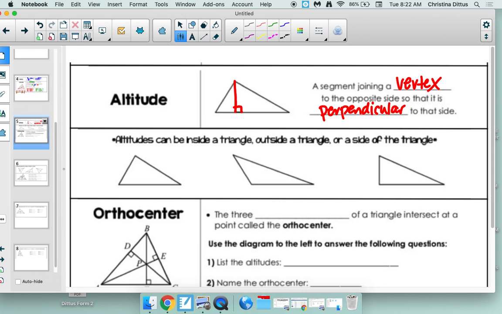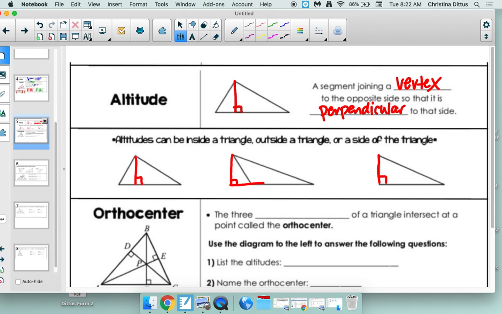The weird thing about altitudes is that they can be literally anywhere. They could be inside, like this, vertex to opposite side. They can be outside of your triangle. So if I look at this vertex, the only way to get to 90 degrees to this side is to go outside of my triangle. Or if you have a right triangle, they can actually be that side.